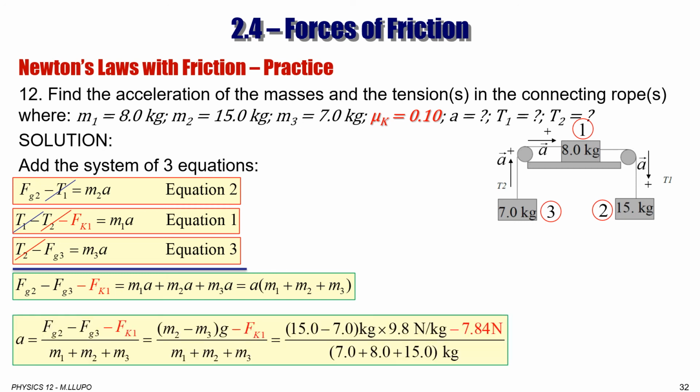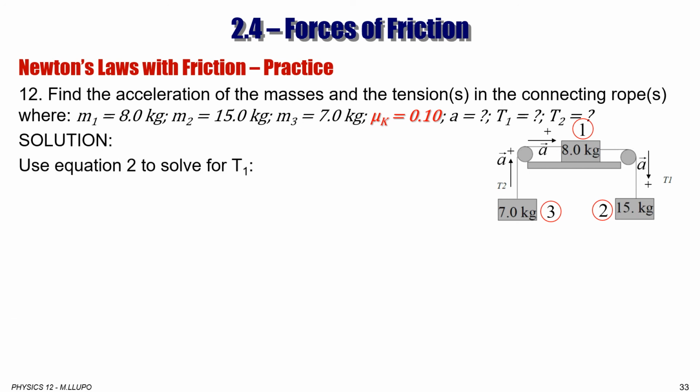Fg2 is m2g and Fg3 is m3g. You can factor g if you want, or you can do it slowly, whatever is easier for you. You plug those numbers into that formula and into your calculator, and you get acceleration is 2.35 Newton per kilogram. Remember that you need this acceleration because you need to calculate the tensions.